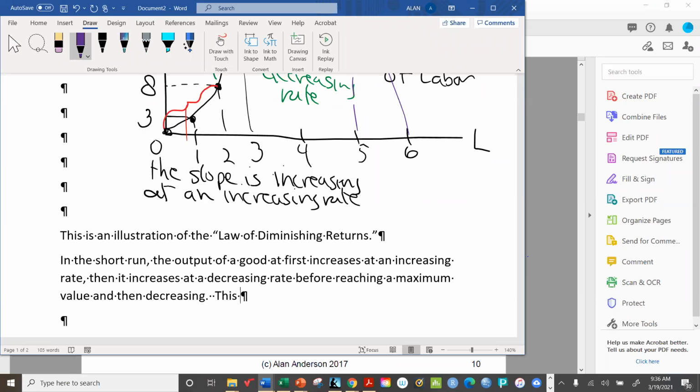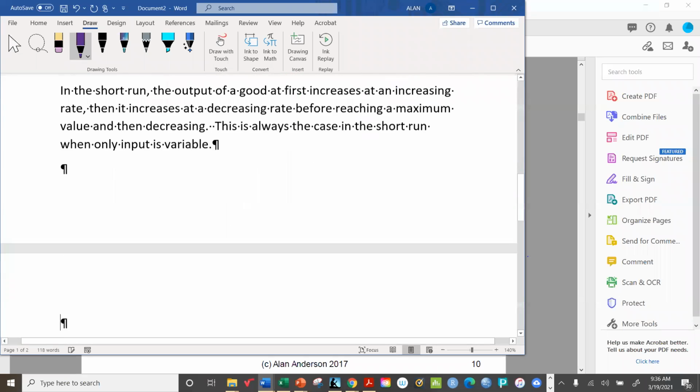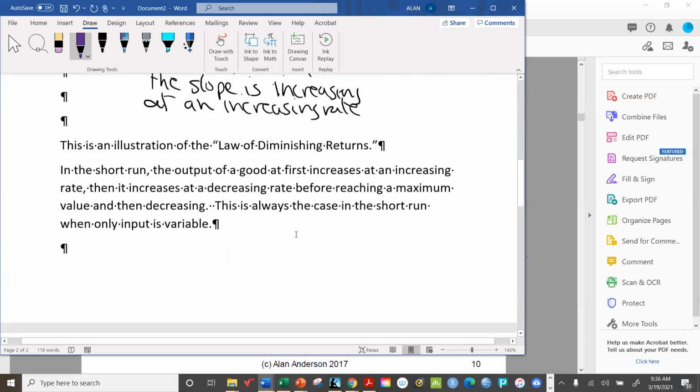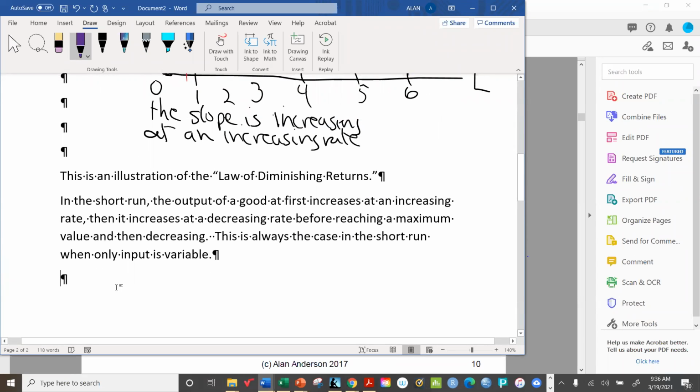This is always the case in the short run when only one variable or one input is variable. So it's called the law of diminishing returns. I'll note here in parentheses, sometimes it is called the law of diminishing marginal returns. We'll see why in a few minutes.